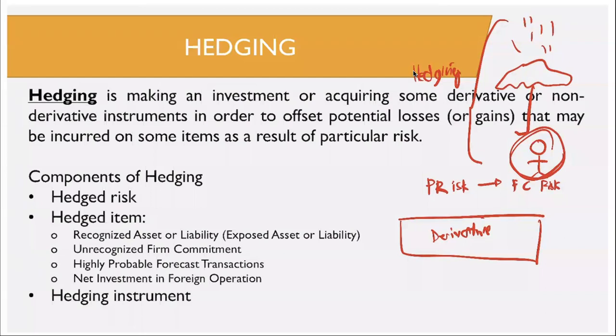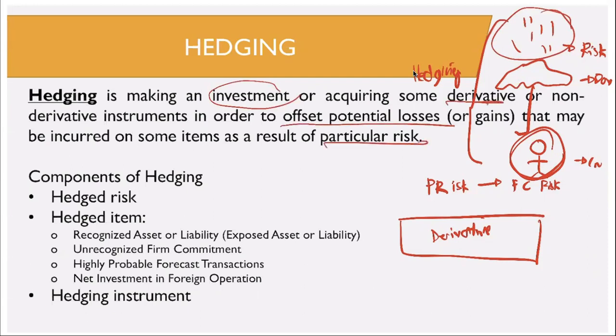So here, in hedging, this particular rain is considered your risk, and the umbrella is your derivative. This one is the company. To protect ourselves from the risk, we need to get the derivative. So take note, in hedging you make your investment in a derivative to offset losses because of the risk.